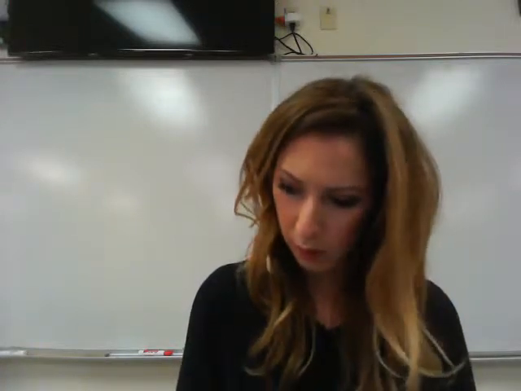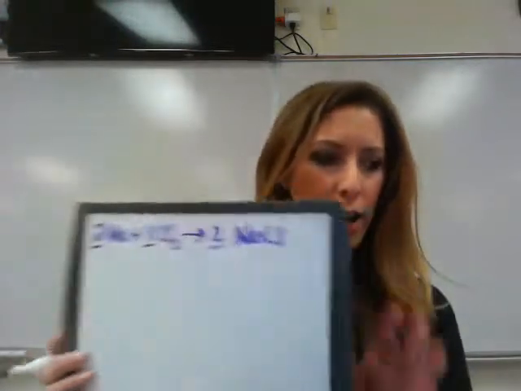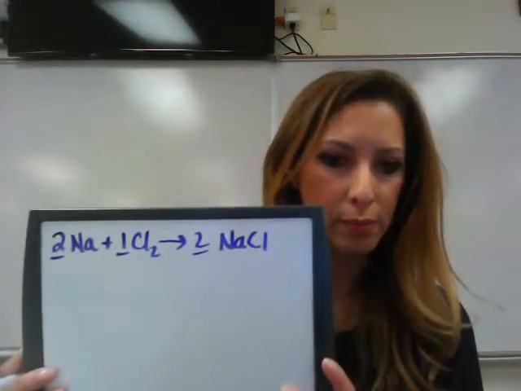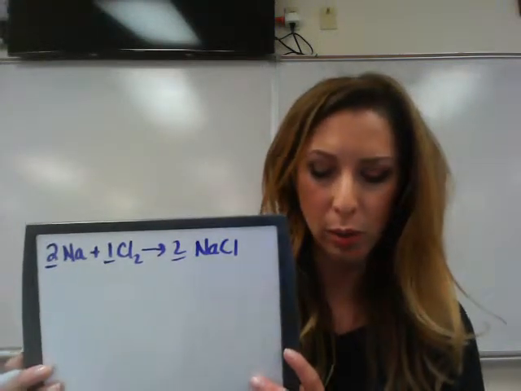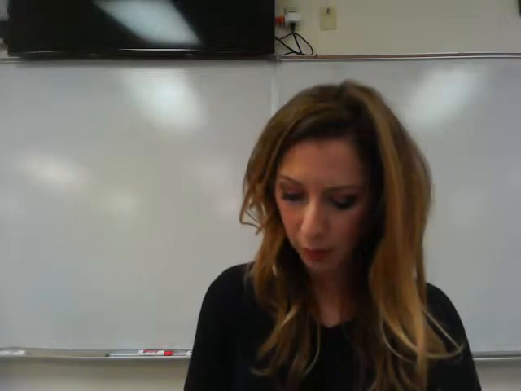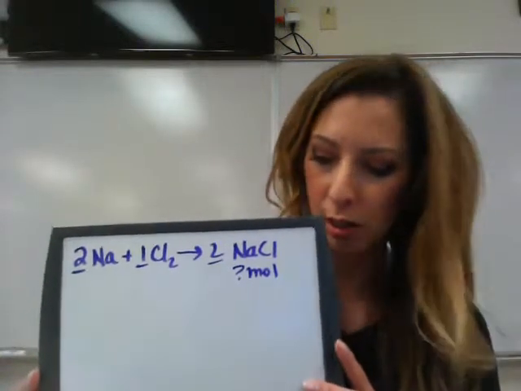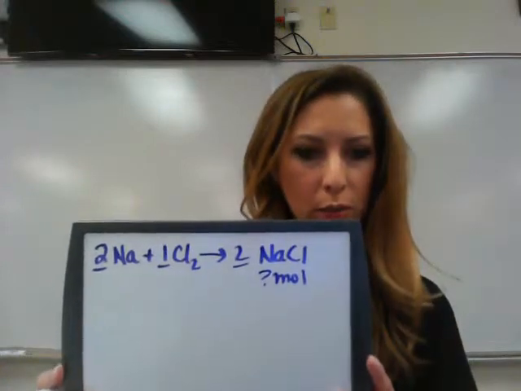We have 2 moles of sodium reacting with a mole of chlorine to produce 2 moles of sodium chloride. So it looks like this. And we want to know how many moles of sodium chloride result from the complete reaction of 3.4 moles of chlorine.